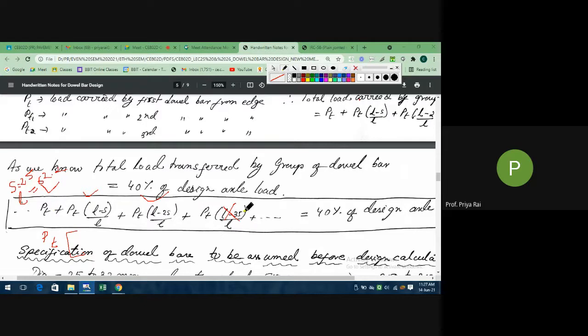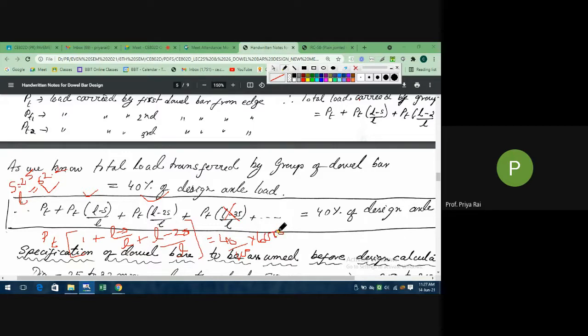We cannot add this because it is giving us a negative value. So take PT common here: 1 plus first, that is L minus S by L, then plus L minus 2S by L. Now substitute all the values and equate this with 40 by 100 into 6000 P.